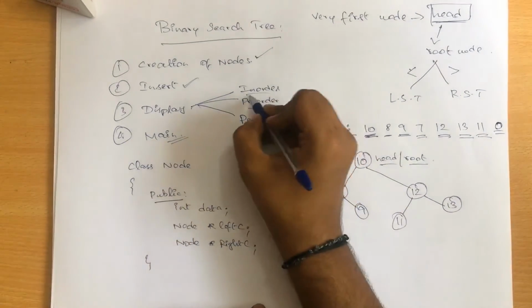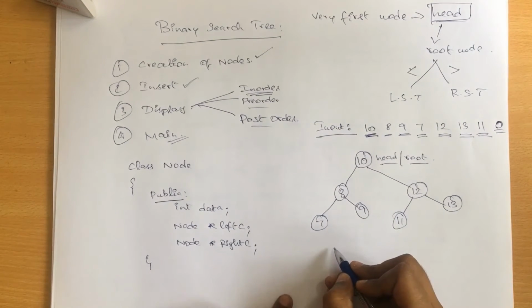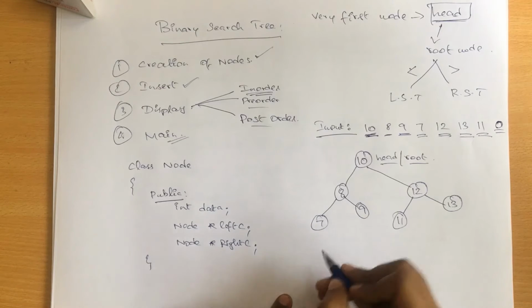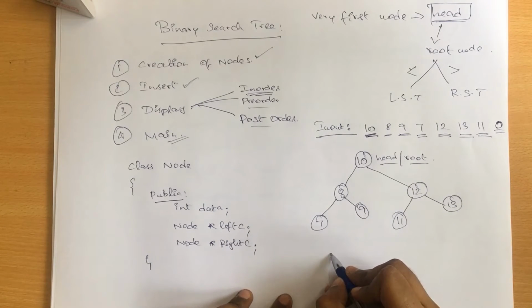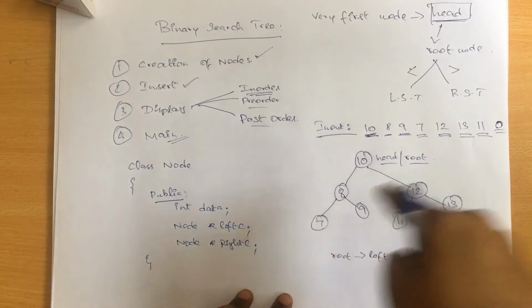For the in-order, I have to write three recursion processes, or in the same recursion, first I need to go with root of left, right? So first you will be moving with root of left, and again you will be calling root of left.